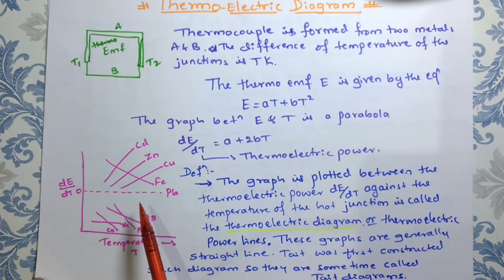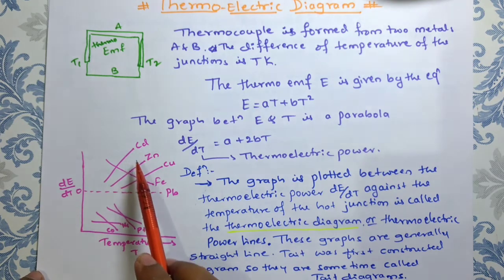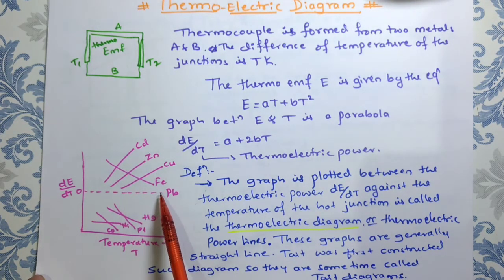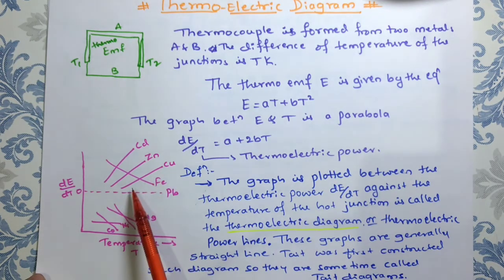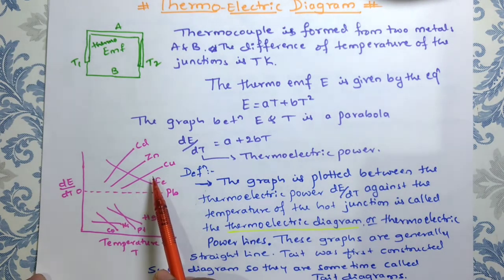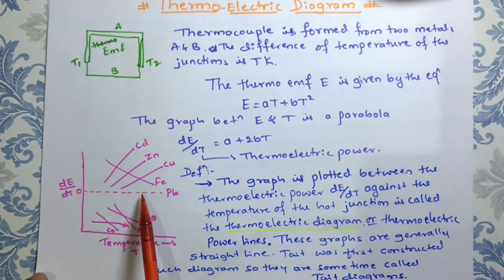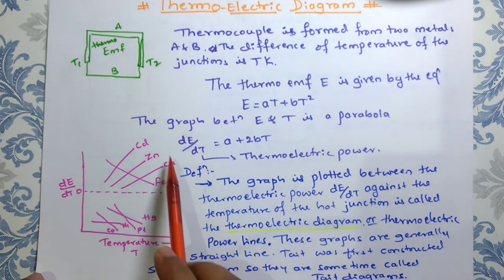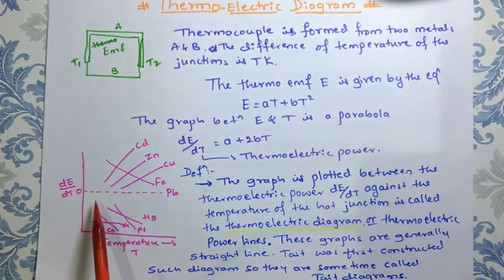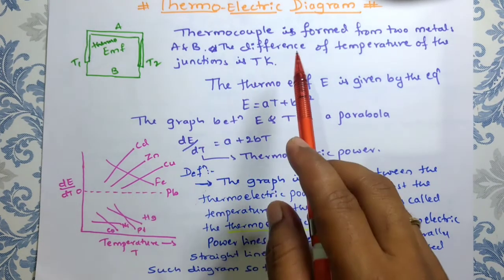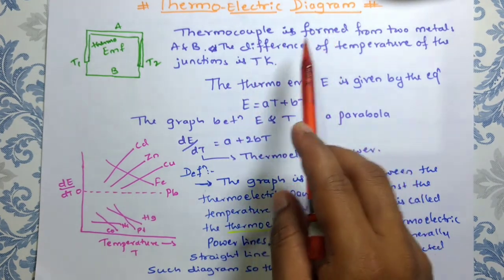The thermoelectric line of the copper and lead couple has a positive slope, while the iron and lead couple has a negative slope. This figure shows the power lines for a number of different metals. Okay, this is all about the thermoelectric diagram.